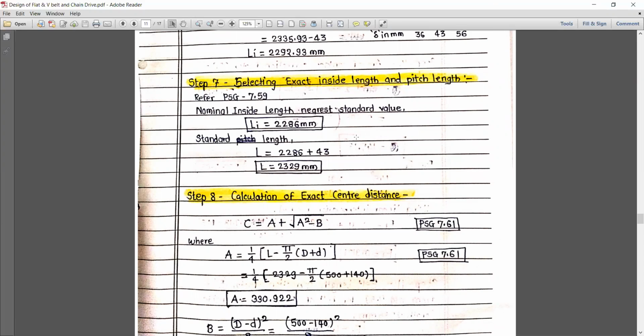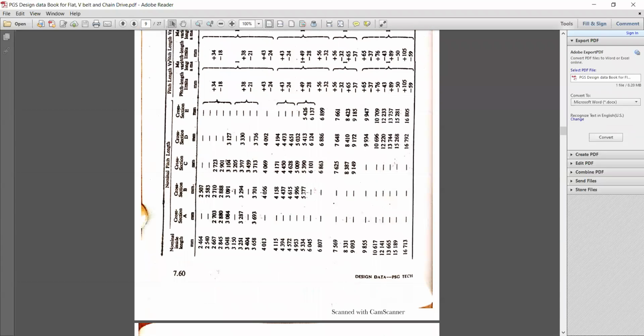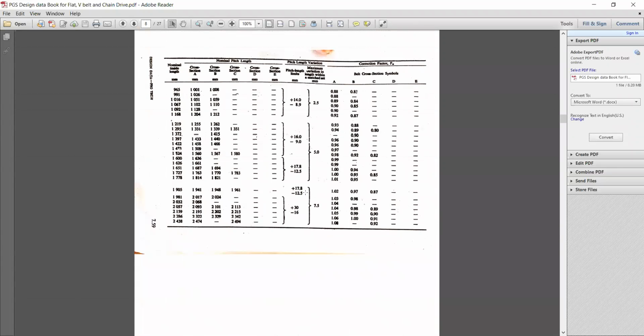Now we have to select exact length. So for that we are referring PSG 7.59. So look at here, the nearest value, our value is 2292. Here what we see, it is 2286, and after that it is 2400, which is not acceptable.